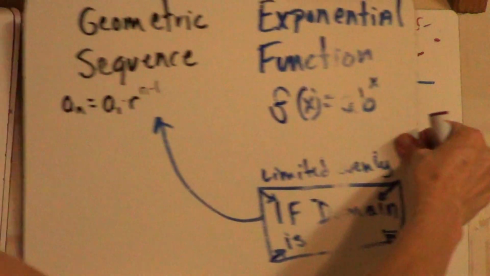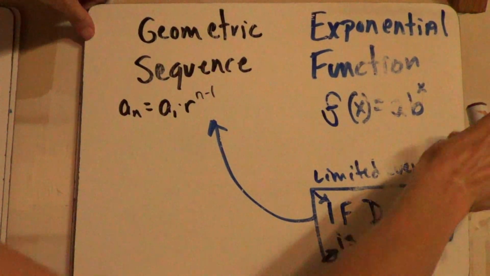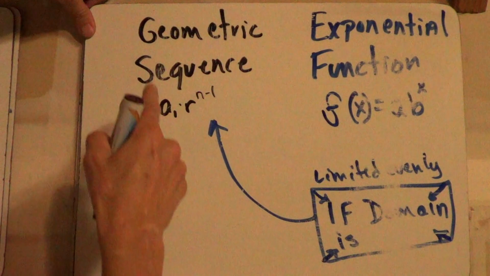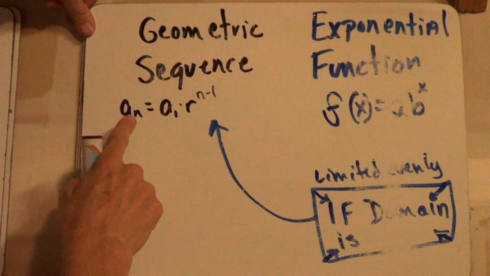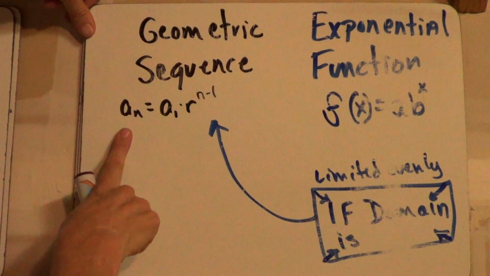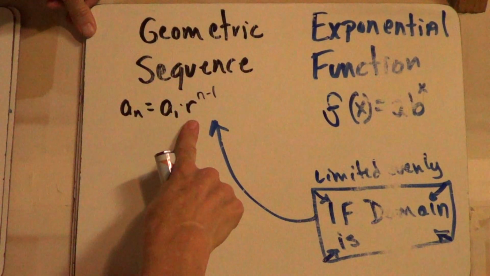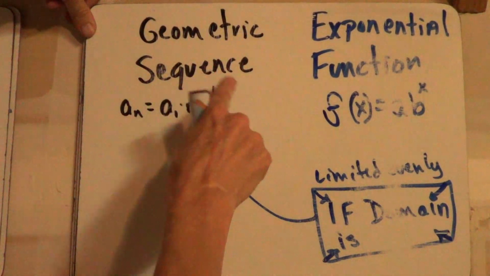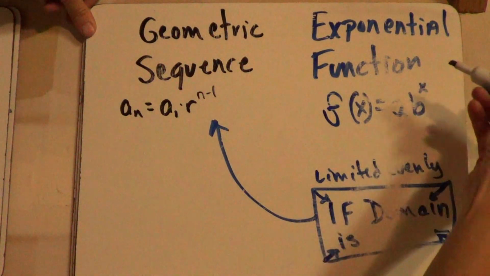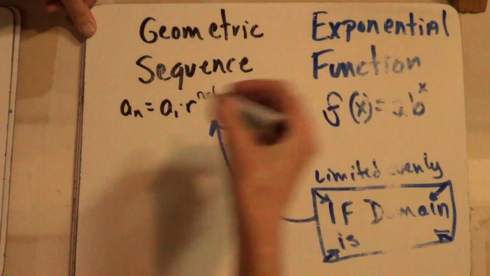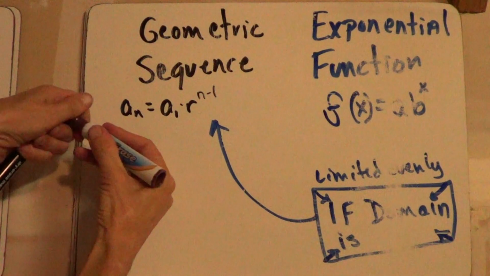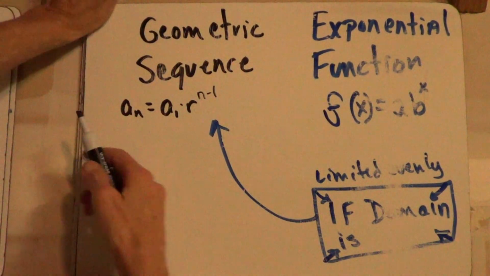Okay? So, a geometric sequence, remember your formula last week, a of n equals a of 1, the first term, times your rate to the n minus 1, is almost the same as an exponential function. I'm sorry, my ink got smeared off as I slid it across here.